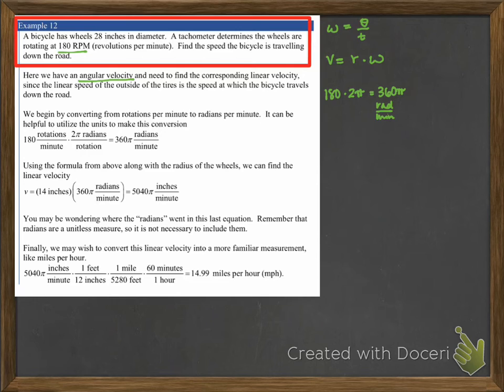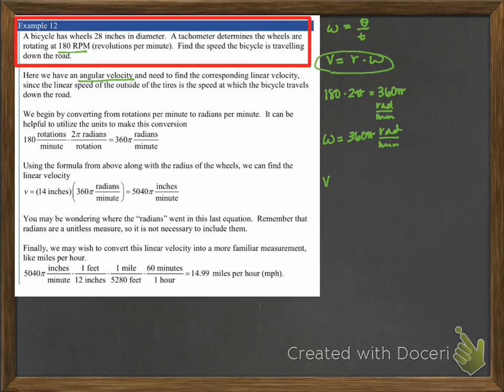All right. So this is what our angular velocity is going to equal now that we have radians per minute. So our angular velocity is 360 pi radians per minute. Now we can use our equation for linear velocity to plug into.